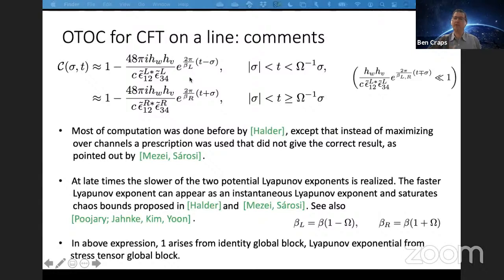If I went to later times and I was interested in the quasi-normal mode decay, for instance, then V and W would appear in a different way if there is a hierarchy between them. Then the smaller one will influence the quasi-normal mode frequency, and the bigger one will not. But indeed, for this early time behavior, they appear symmetrically, even if there is a hierarchy between HV and HW. That's correct. Okay, thanks.